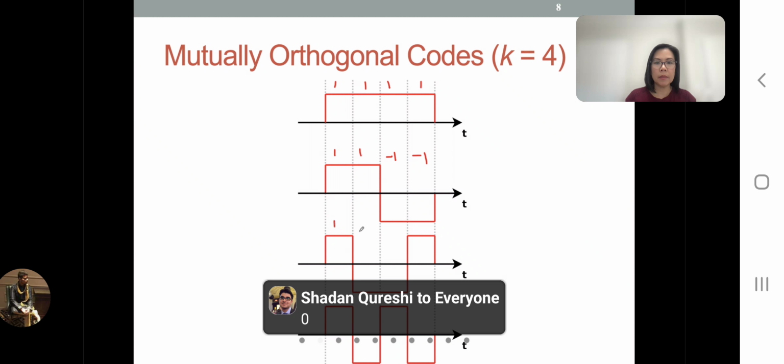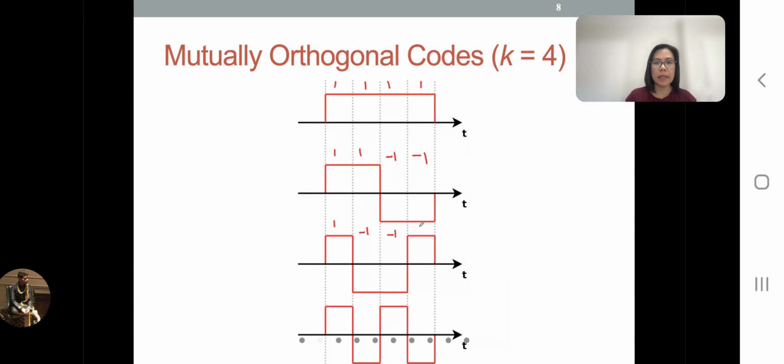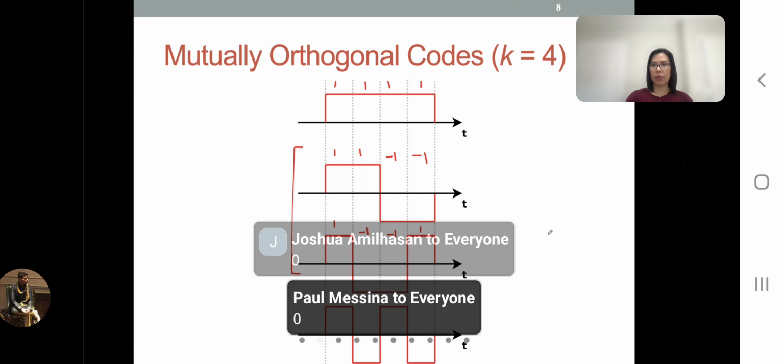Let's try this one here. This is 1, -1, -1, 1. Let's take the dot product of these two vectors. What would be the result? It's 0, right?